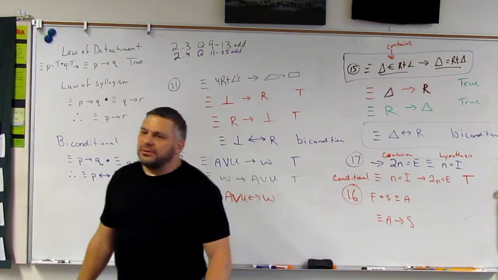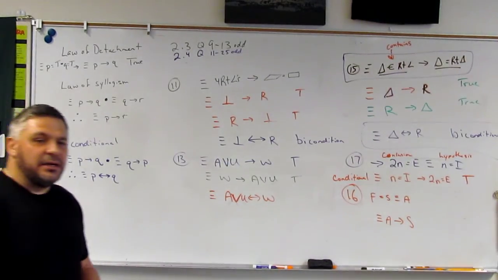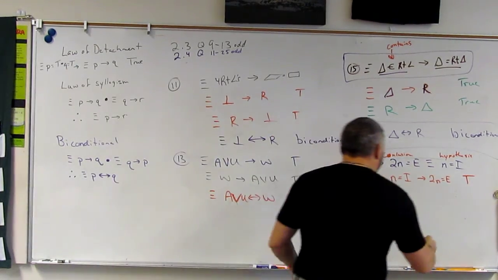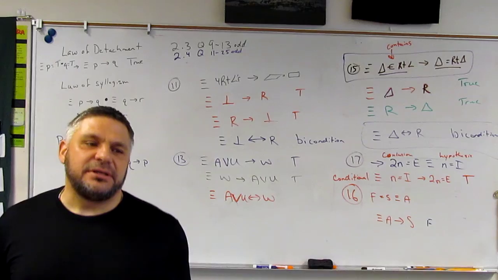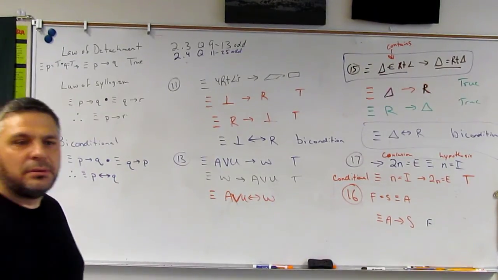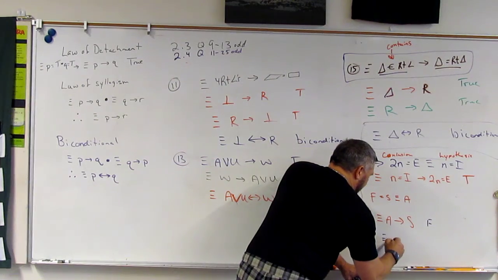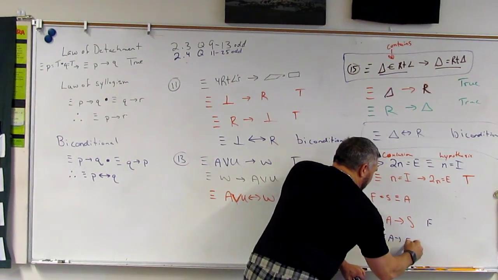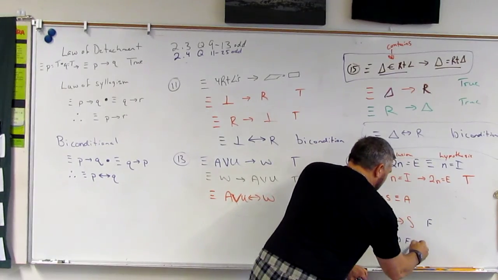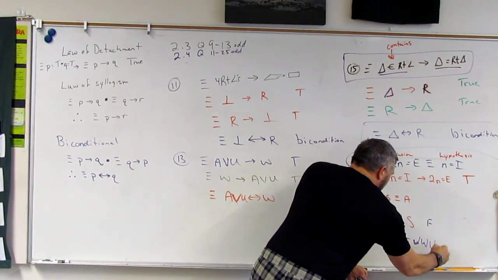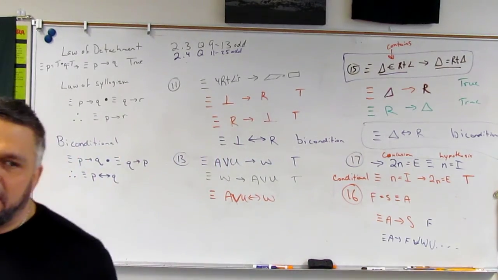Is that true? No. Because you can be a lot of different things as an athlete, right? So this is false. And then you would give your counterexample. What's your counterexample? Those different sports. Yeah, if an athlete, then you could be a football player, or a wrestler. It just goes on and on. It could be anything.